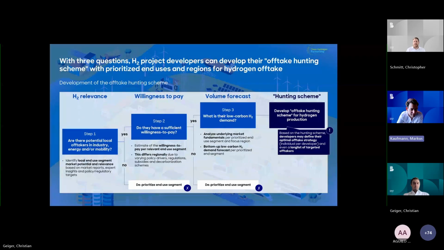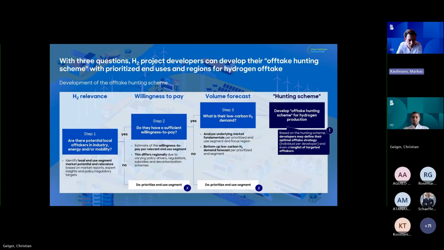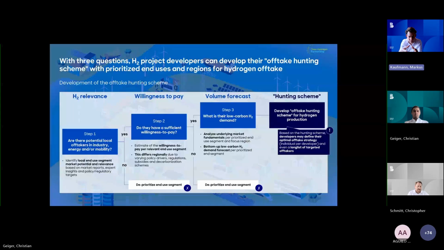And then the key question is, how big a demand can you really address? What are the volumes that are realistic? That requires a sense of what demand the off-takers actually have, especially already today when you're looking to replace gray hydrogen.